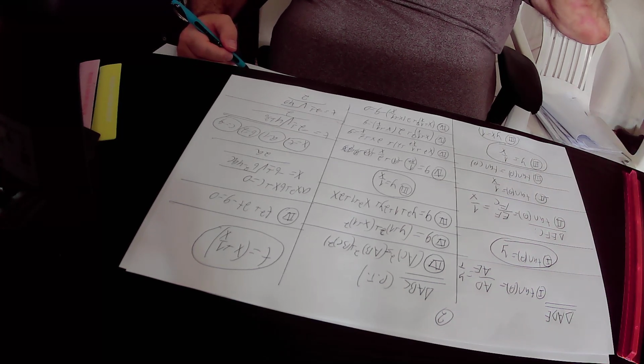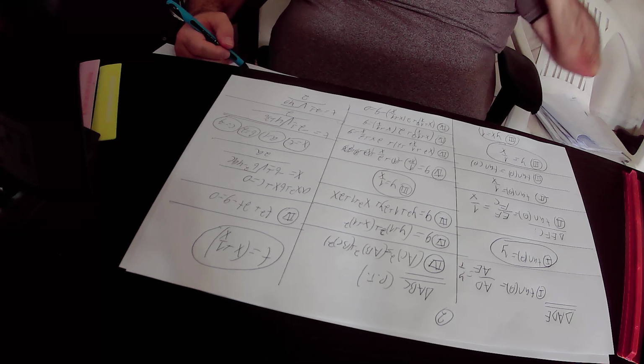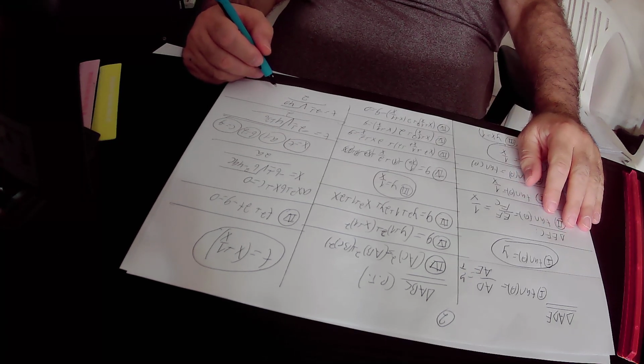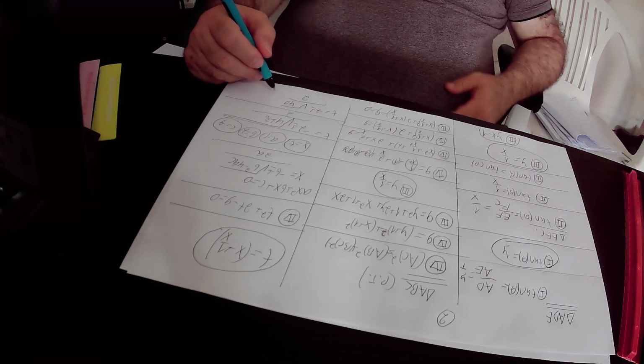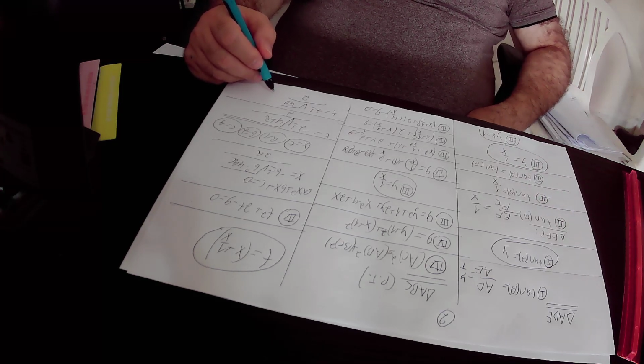But we know that 40 is 4 times 10, and the square root of 4 is 2.